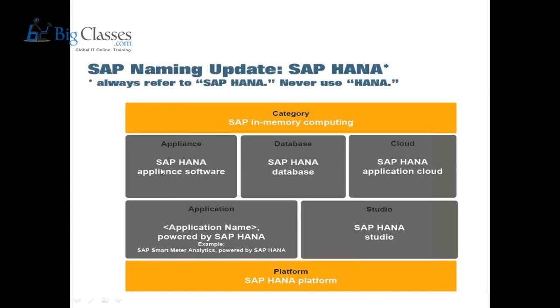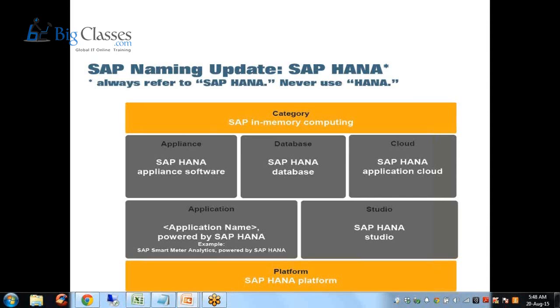Then HANA as an appliance, SAP HANA as an appliance software. We call it SAP HANA as an appliance when the customer is building his entire solution on HANA Studio. So remember this one.